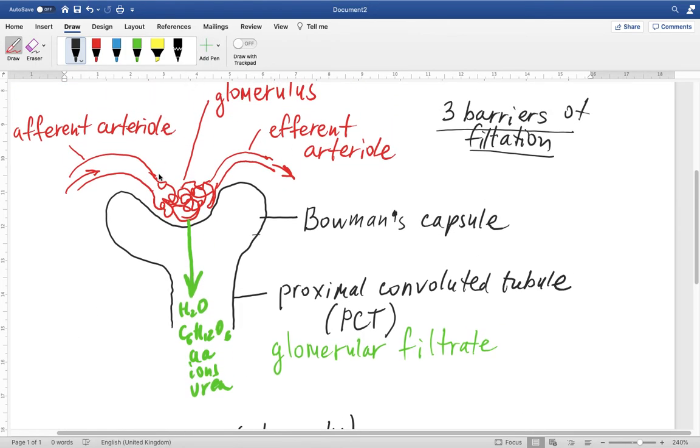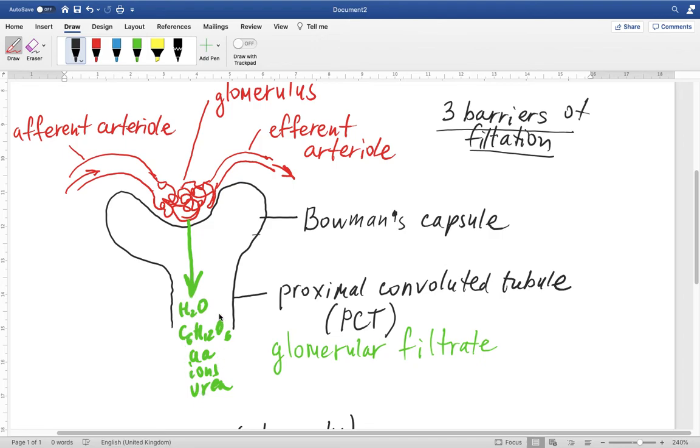So what about things like big proteins? Or let me give you another example, red blood cells. That's one of the common questions I ask students. So let's take red blood cells. Would you expect red blood cells to penetrate through this series of filters and end up inside the proximal convoluted tubule? And the answer is no, right?